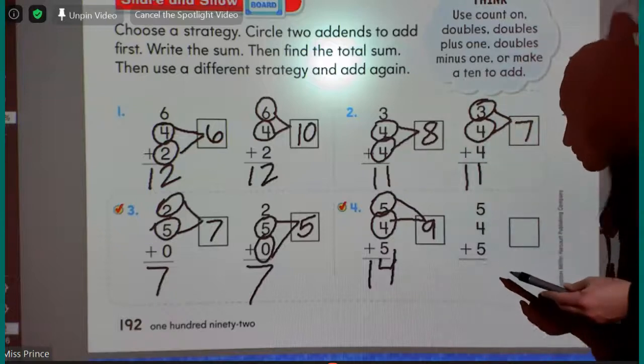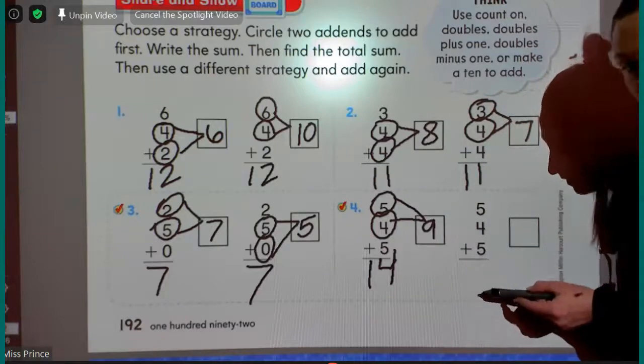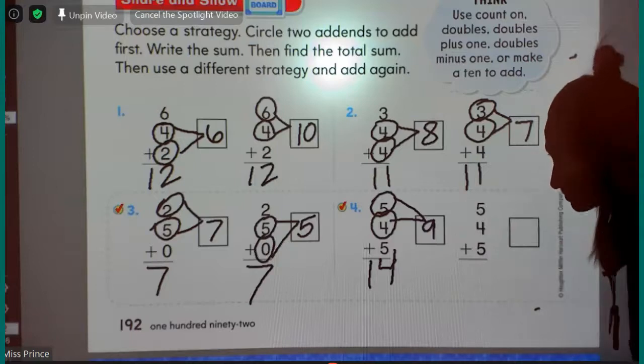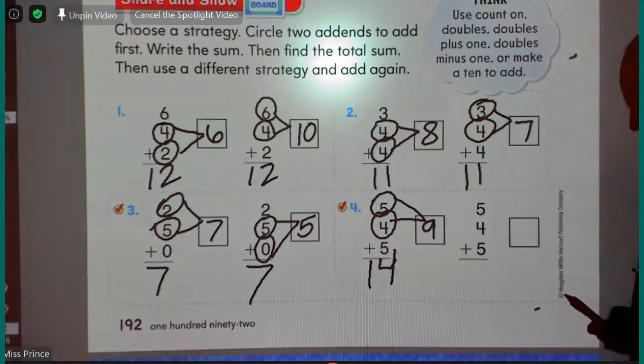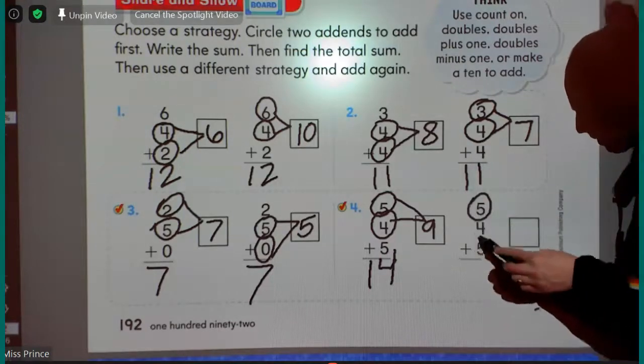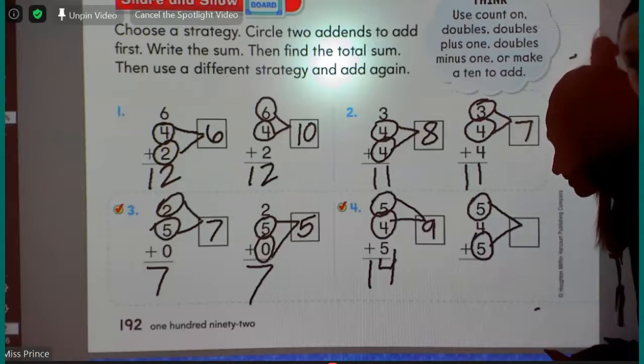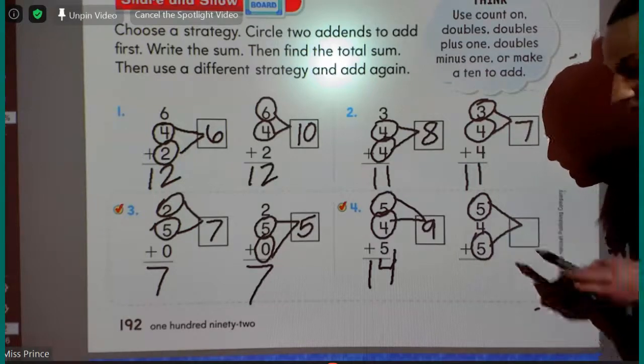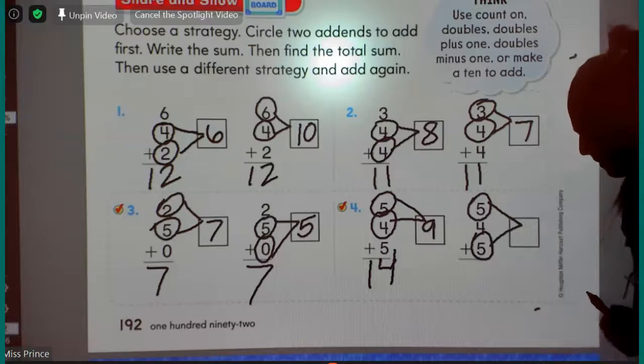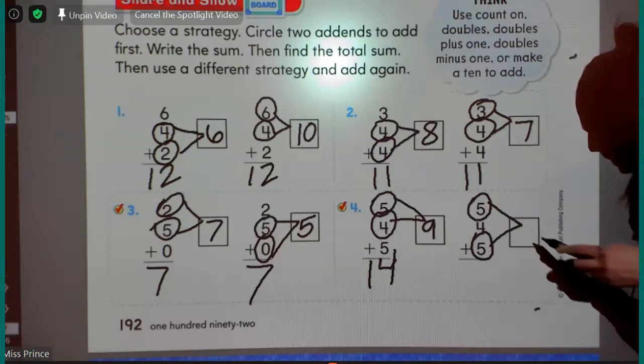All right, we got 14 here. So if we do this one right, we should get 14 again. Keela, you're going to choose two different numbers this time. 5 plus 5. Okay. Oh, what is 5 plus 5? A double. What do you get? 10.